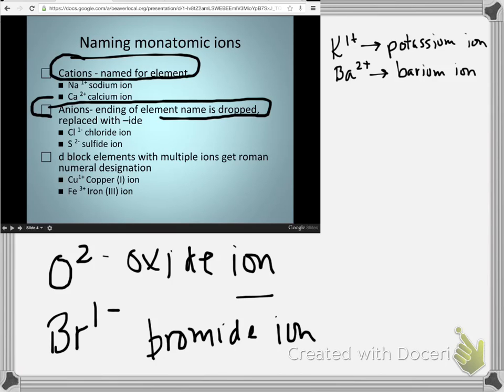How do we know how much to drop? It's a great question. In most cases, part of me wants to say, well, it'll just sound right. Oxygen, bromine. In cases where the name was something like bromine, that little ending is the part that's getting dropped.